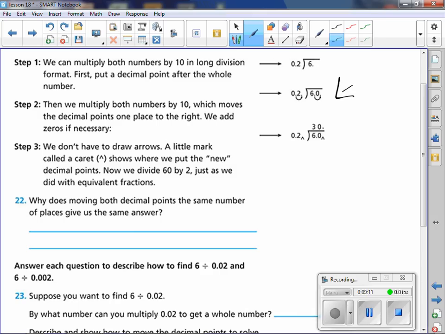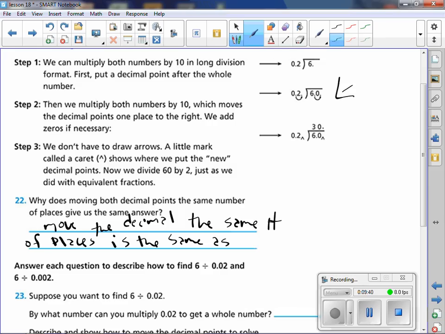Moving the decimal in both places, the same number of places, is the same as making an equivalent fraction.